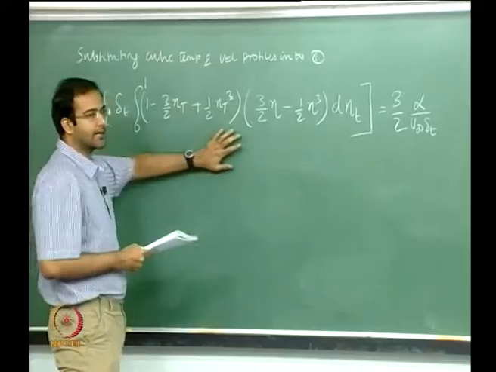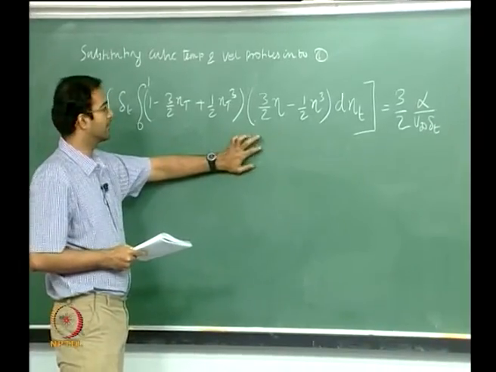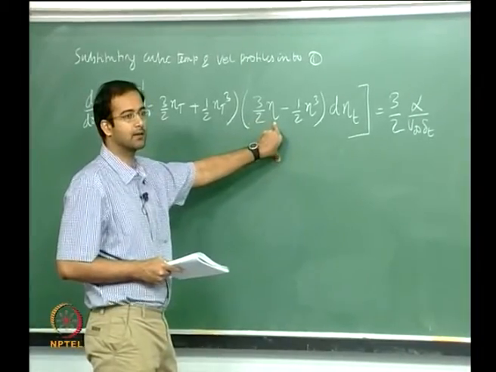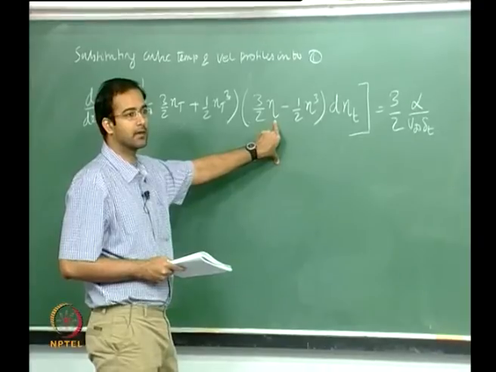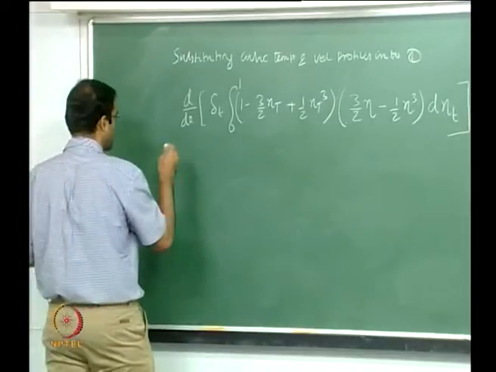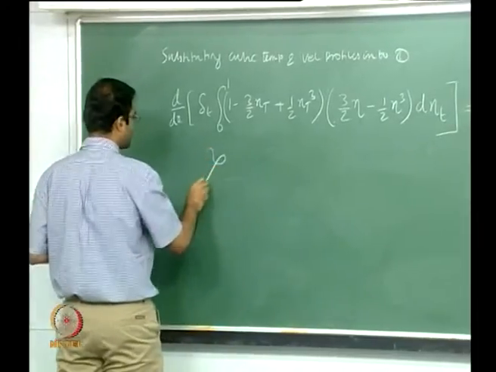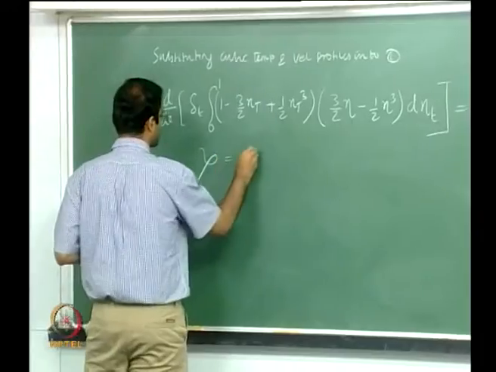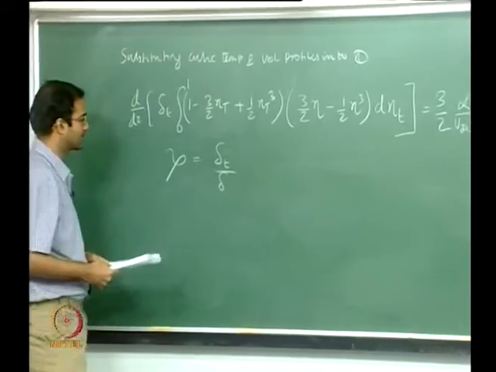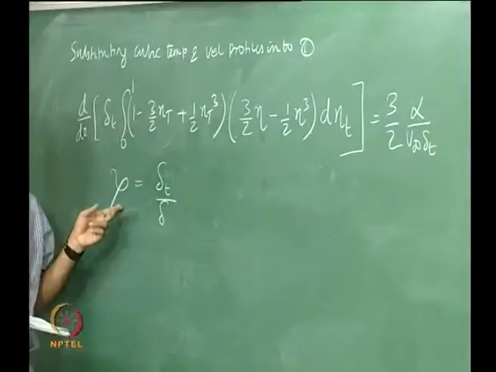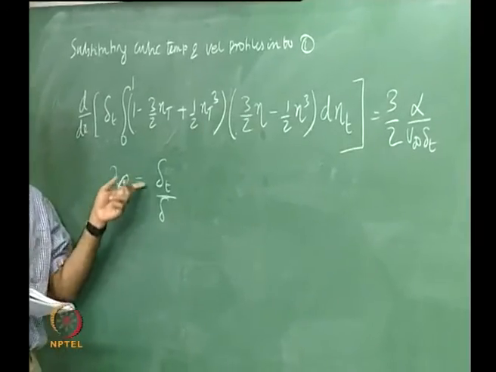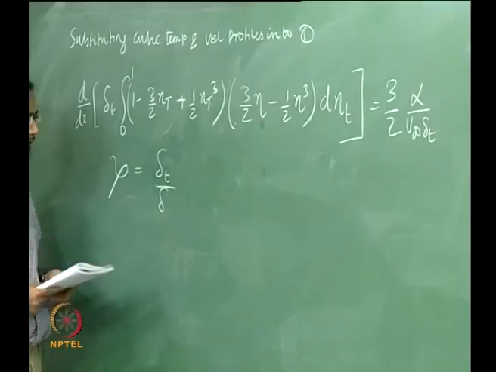Now we have to simply integrate it out. Before we integrate it, we have to write eta in terms of eta t, because eta and eta t are both connected. So we are going to introduce another non-dimensional variable, I will call this zeta, which is nothing but the ratio of the thermal boundary layer thickness to the momentum boundary layer thickness. Since this is a ratio of the two boundary layer thicknesses, it has to be a function of Prandtl number.